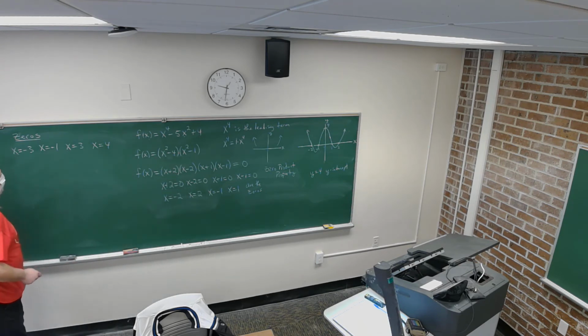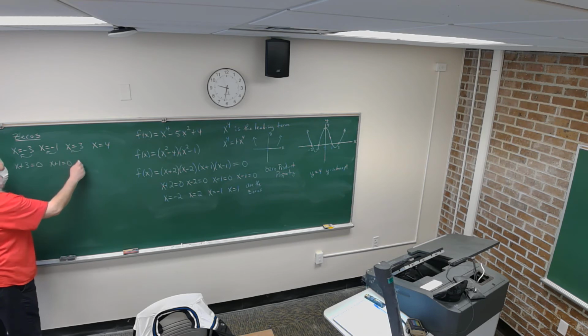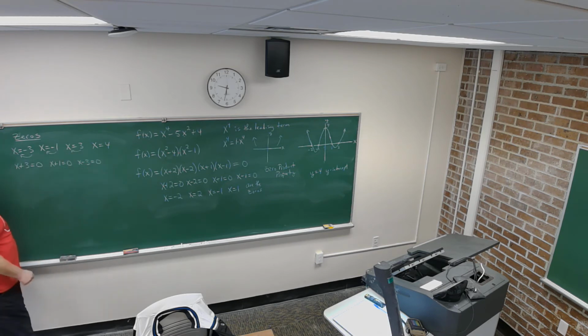So, putting 0 on the right-hand side of each of these equations, this first one I add 3 to both sides, and I get x plus 3 is equal to 0. This one I add 1 to both sides, I get x plus 1 is equal to 0. This one I subtract 3 from both sides, I get x minus 3 is equal to 0.